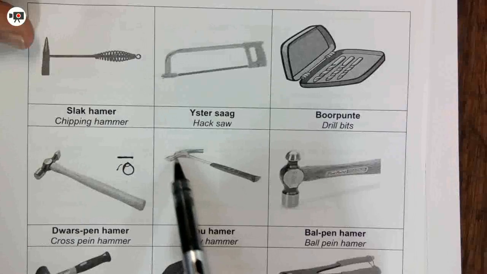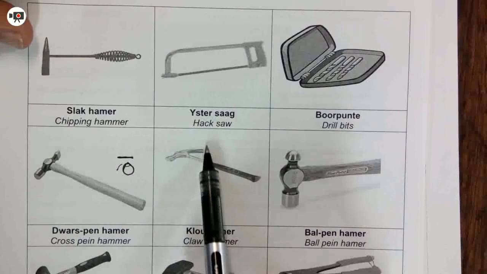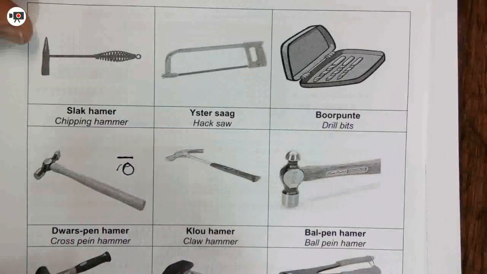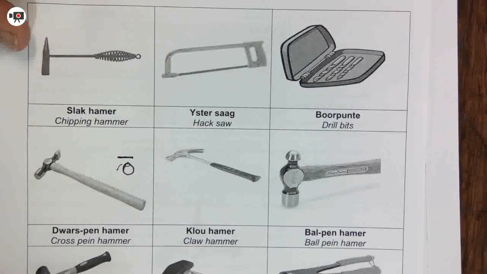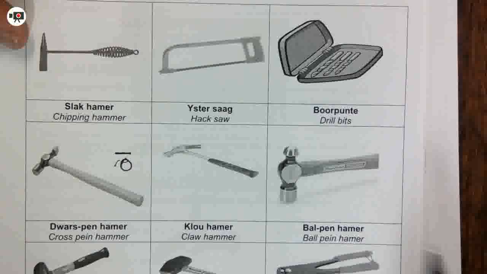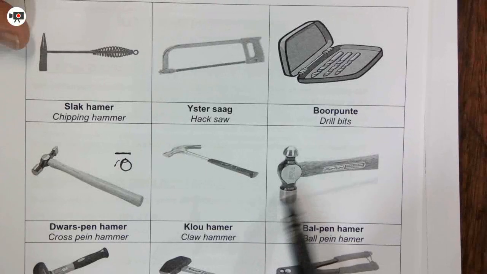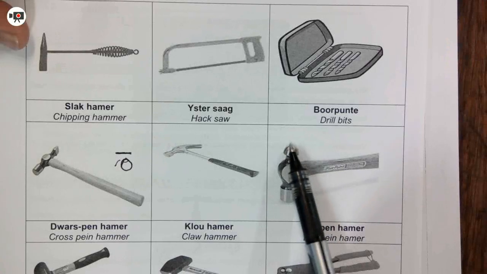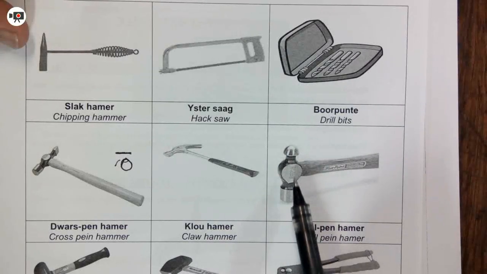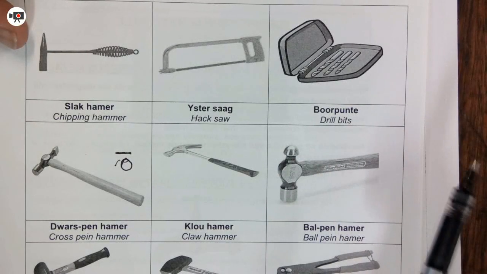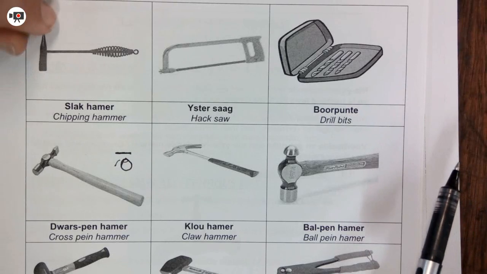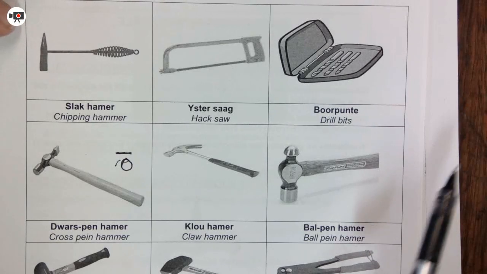Same thing, it has the round side on one side, and then we have a claw to remove nails on the other side. Then we have the ball peen hammer, also a round side and then a ball shaped other side. This is used when you have to shape sheet metal or steel plate.